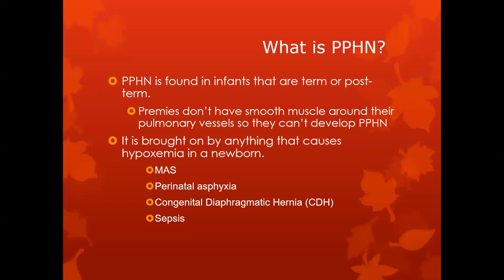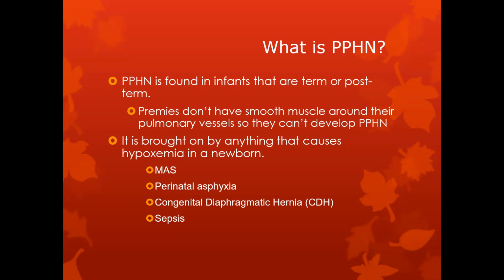PPHN is found in infants that are term or post-term. It says preemies don't have smooth muscle around their pulmonary vessels, so they can't develop PPHN. So this is a condition of full gestation newborns, not preemies. It is brought on by anything that causes hypoxemia in a newborn.